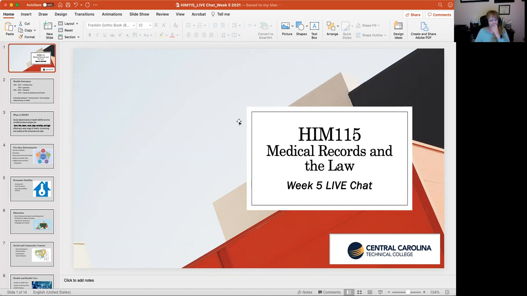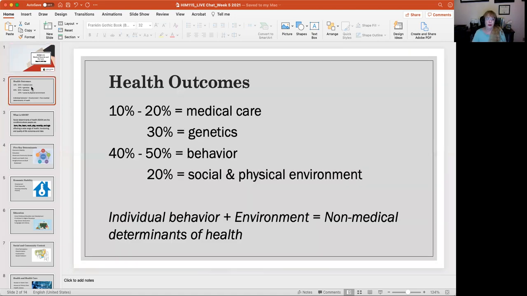But let's talk a little bit about the numbers. When you talk about health outcomes, did you know that only 10 to 20% of somebody's positive or negative health outcome is directly related to the medical care they receive? 30% has to do with genetics. 40 to 50% has to do with lifestyle behaviors, and 20% has to do with social and physical environment.